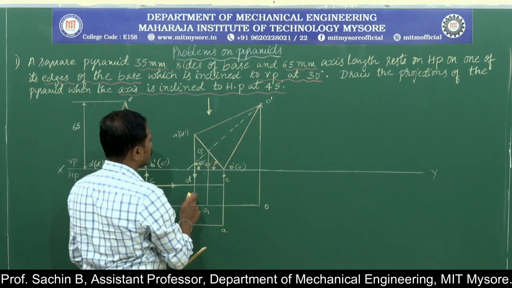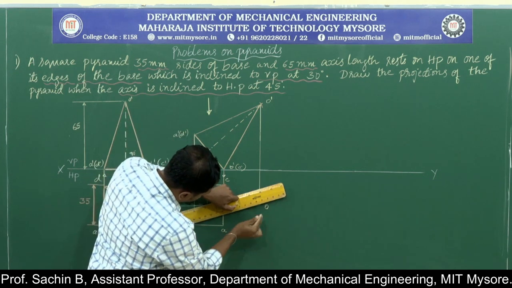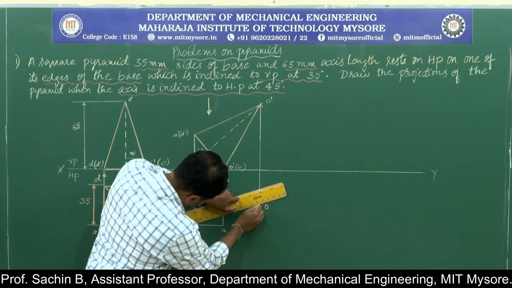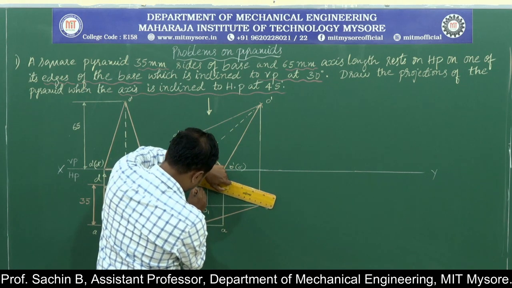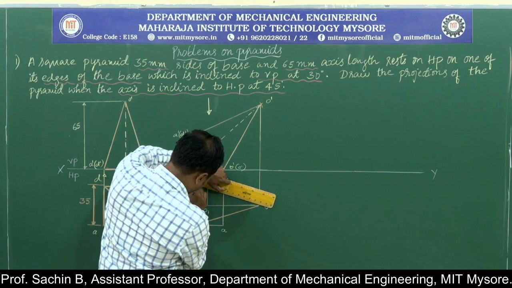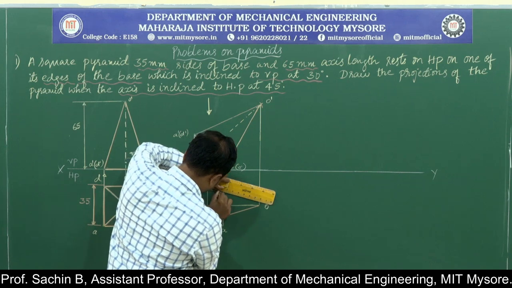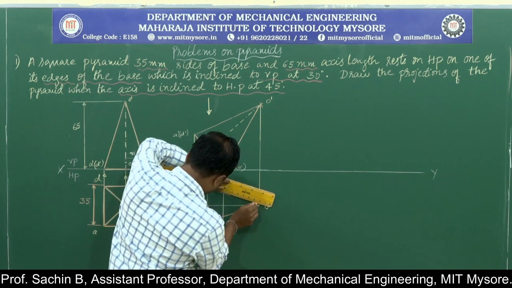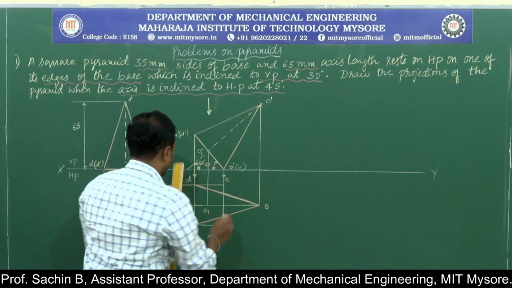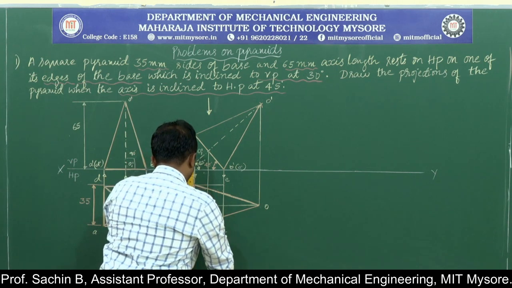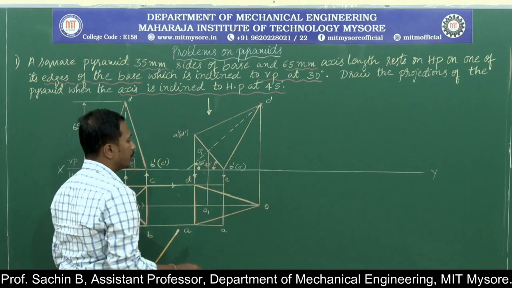Means from A dash to O dash, O to D, O to A is clearly visible for me. Okay, now this triangular face is clearly visible for me, I have written.